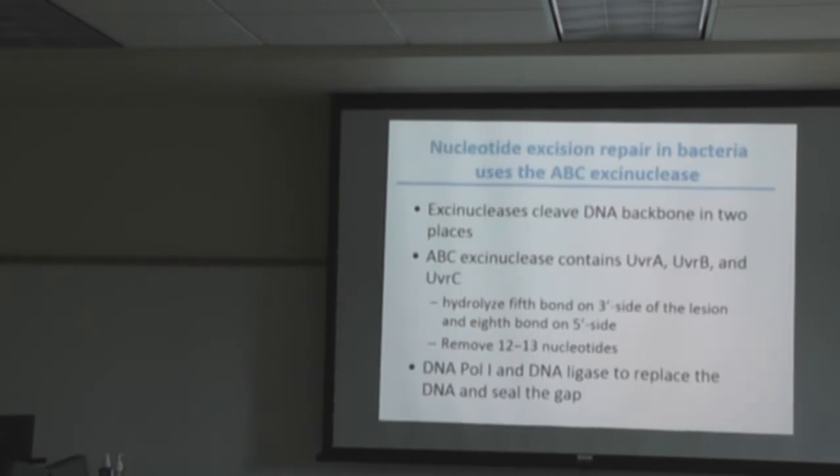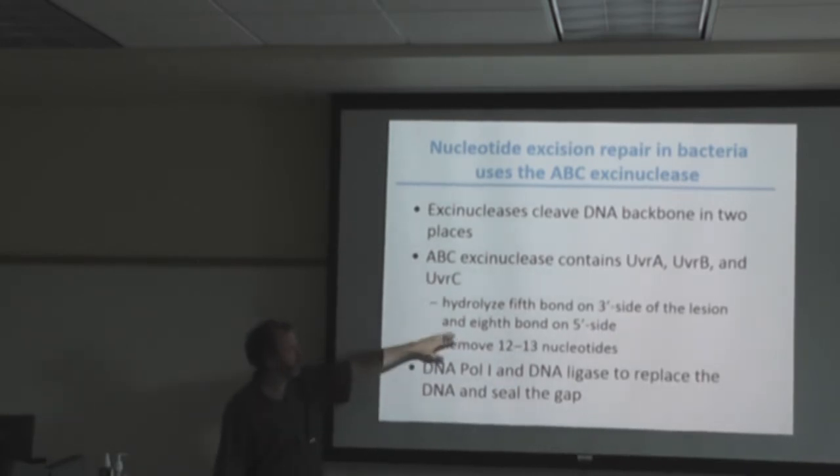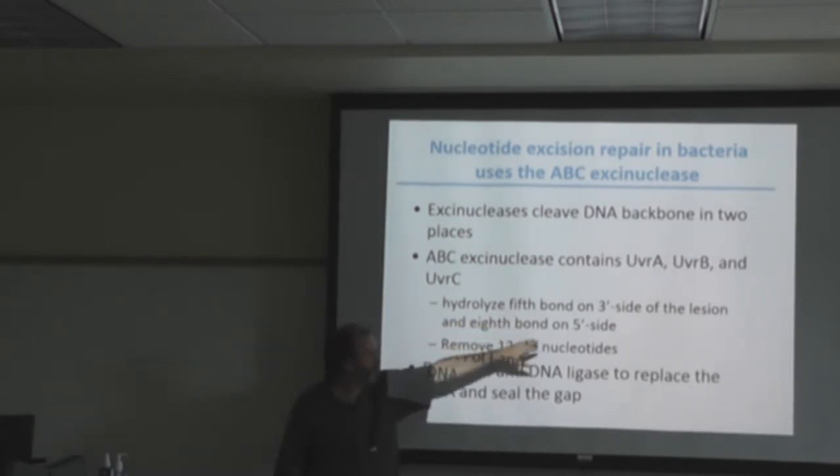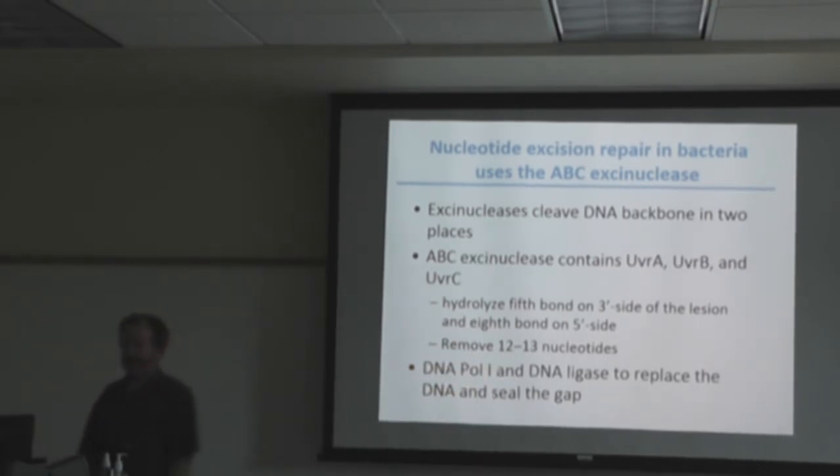ABC excinuclease contains UVRA, UVRB, and UVRC. They all have UVR because they're there to repair that UV damage. It hydrolyzes the 5th bond on the 3' side of the lesion and the 8th bond on the 5' side of the lesion, and removes 12 to 13 nucleotides. DNA pol 1 and DNA ligase then replace the DNA and seal the gap again.